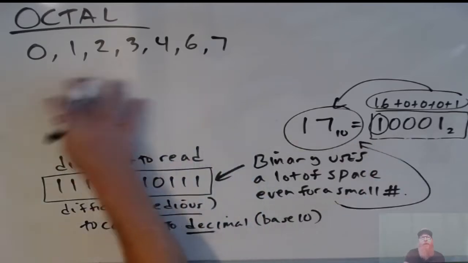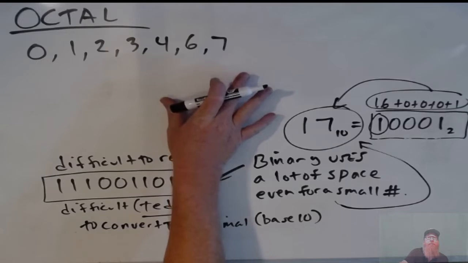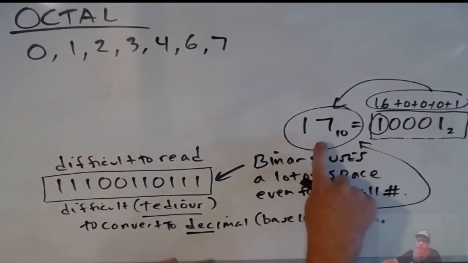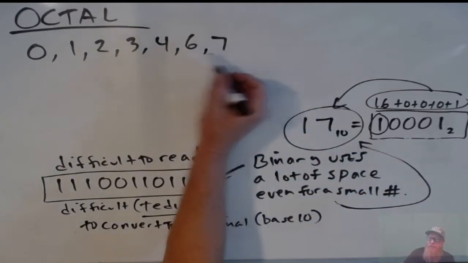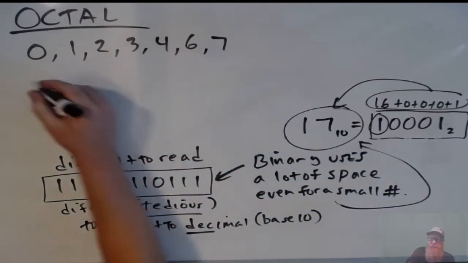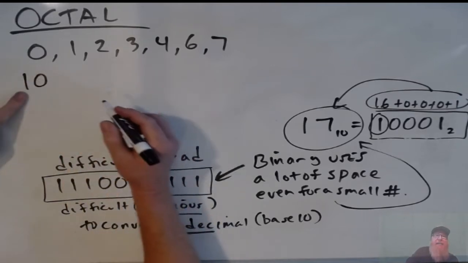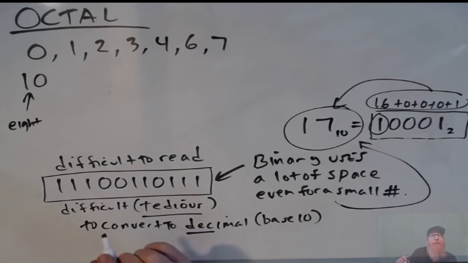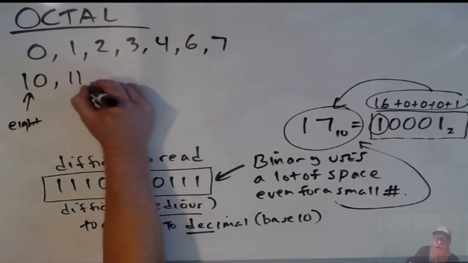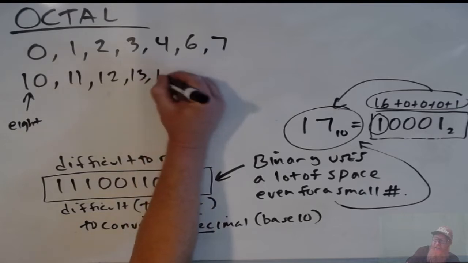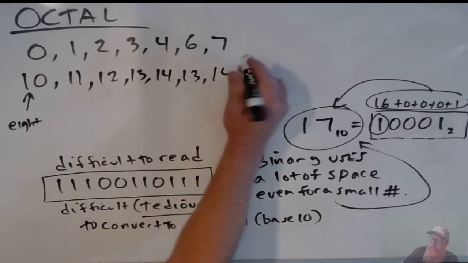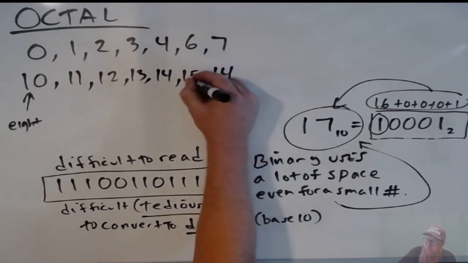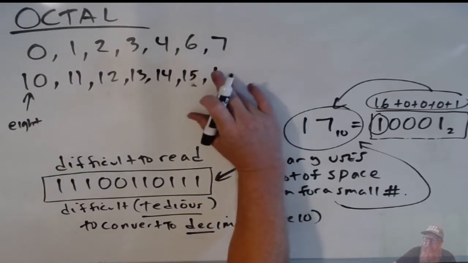But look in the octal number system. 17 does not take up much more space than the number that we currently use as 17. Watch. So we have 0 through 7. The number that looks like 10 is actually 8. So 9, 10, 11, 12, 13, 14. 14 looks like 16.